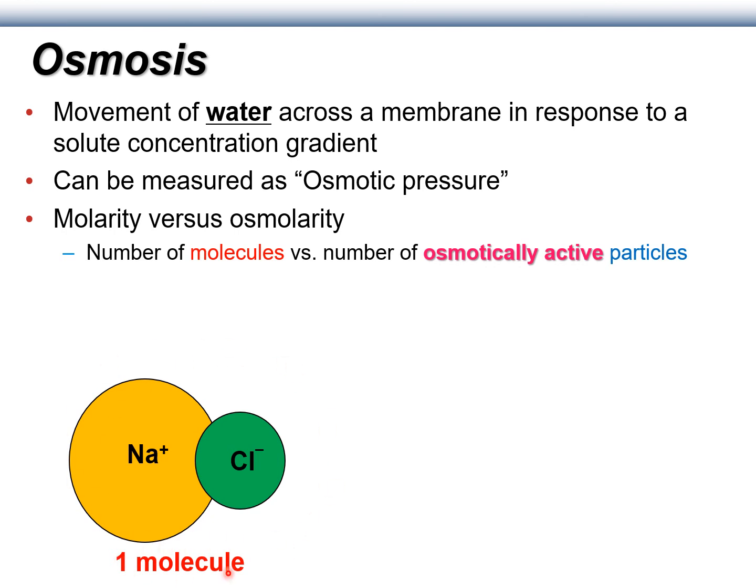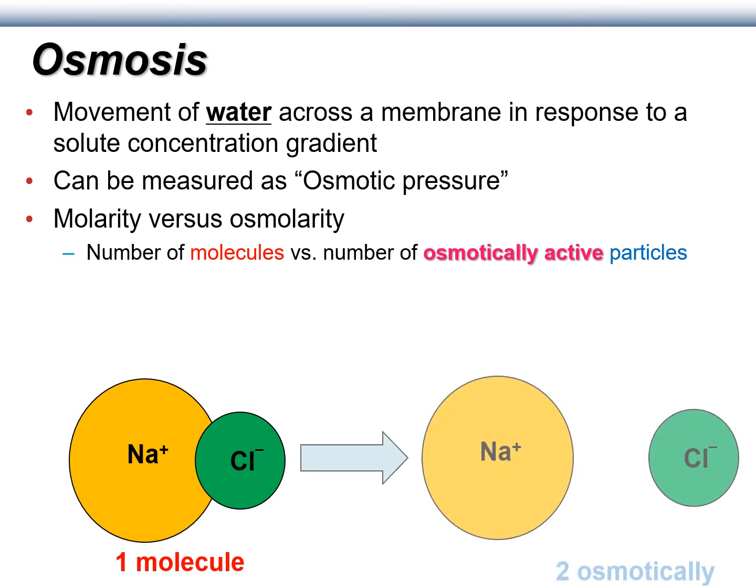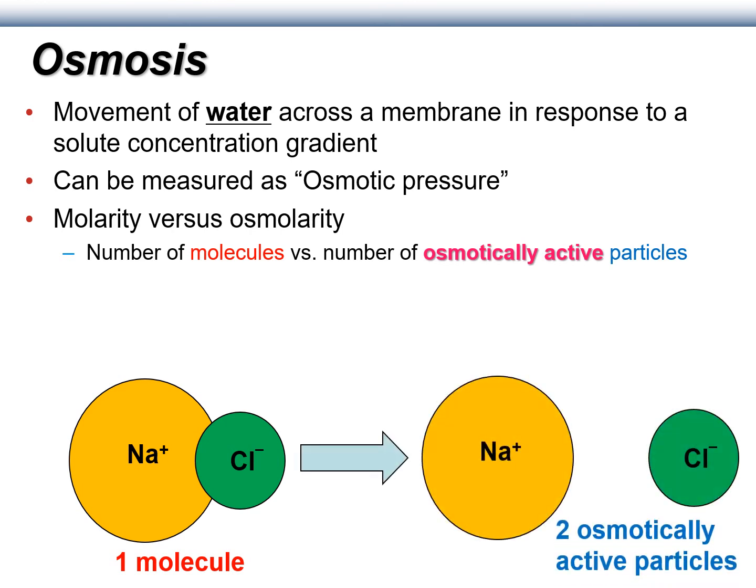It has one molecule of NaCl, but when it is dissolved, it dissociates into a sodium cation and a chloride anion. And each one of these is osmotically active. So for every one molecule of sodium chloride, we have two osmotically active particles. So if the molarity of NaCl was 1, the osmolarity would be 2, because the number of osmotically active particles is twice that.